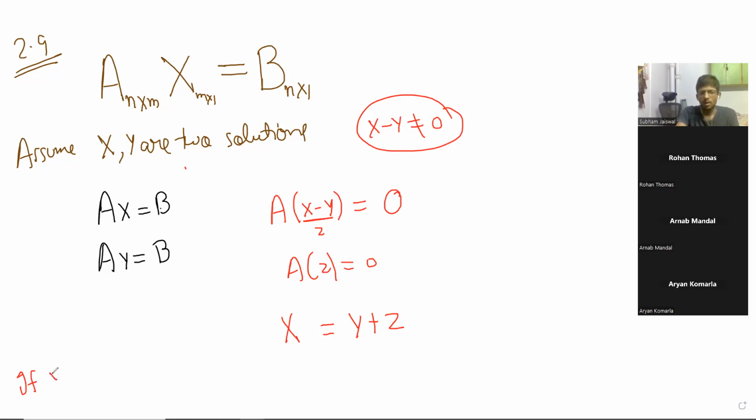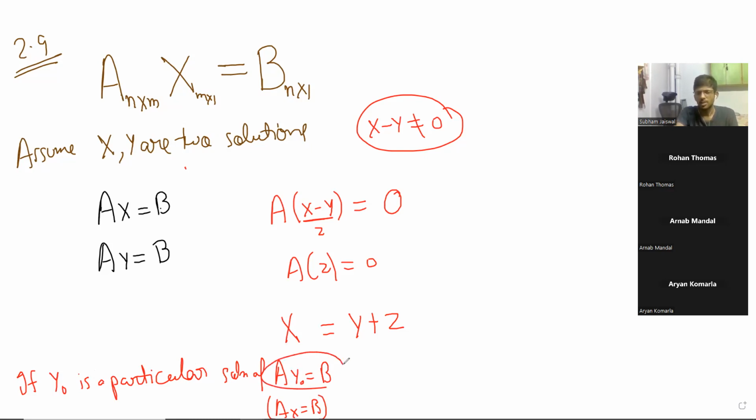If y naught is a particular solution, and you would have seen this kind of statement in differential equations and so on also, a particular solution of Ax equal to b. Pedantically, it should be a solution of what equation; if I write it this way, it's no more asking for a solution, it already has it.